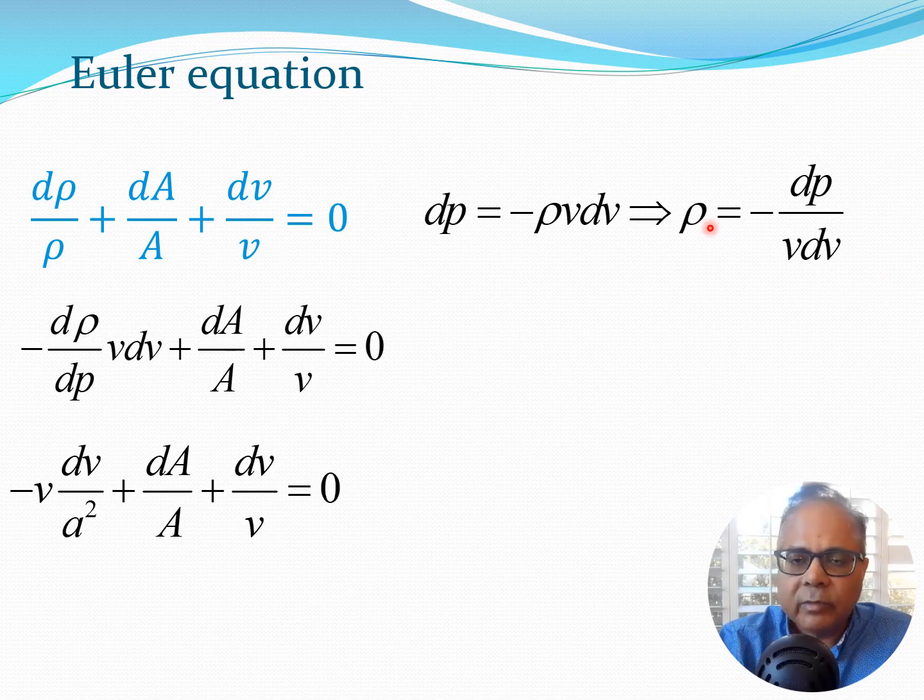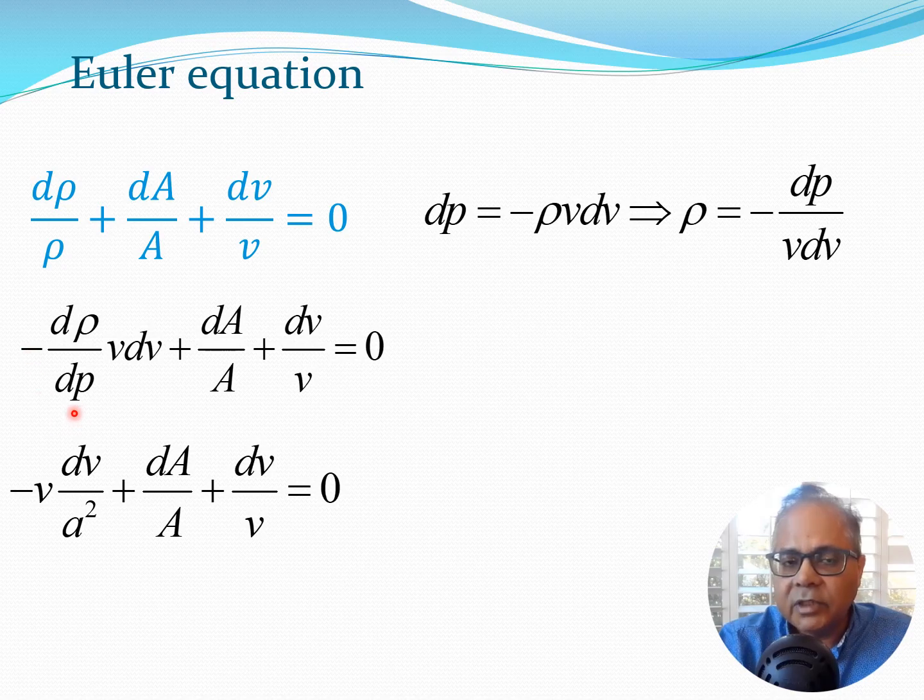Now what I'm going to do is I'm going to replace this rho into the continuity equation. So we rewrite the continuity equation and I essentially bring in the rho from here. So there is a minus dp term, it goes in the denominator, and the v dv goes up, so I get this equation here.